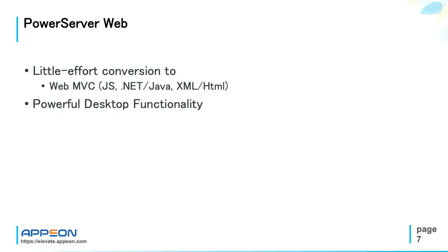PowerServer keeps the powerful desktop functionality that is proper of your PowerBuilder application. You will experience powerful UI and features that are typical of sophisticated desktop apps. But now you no longer need to choose accessibility over functionality.